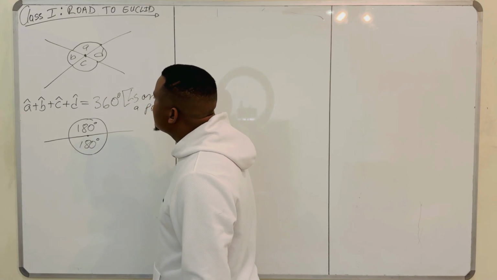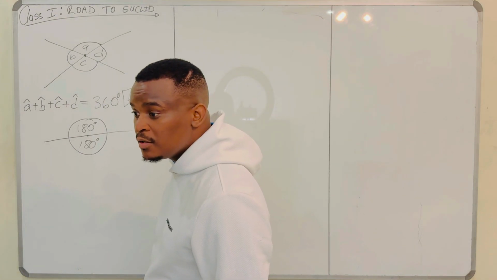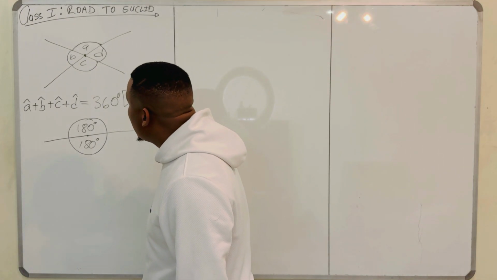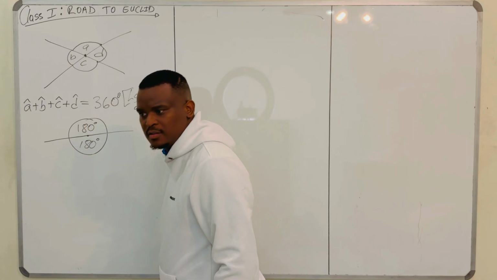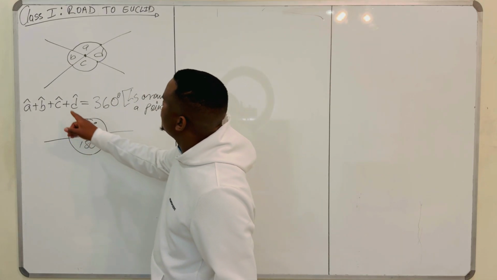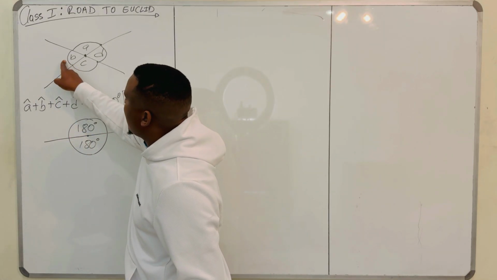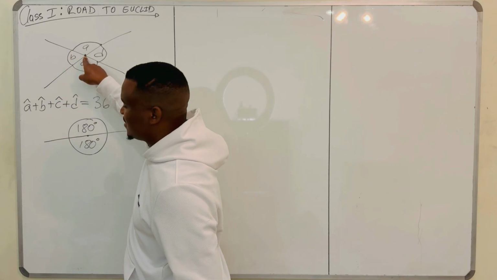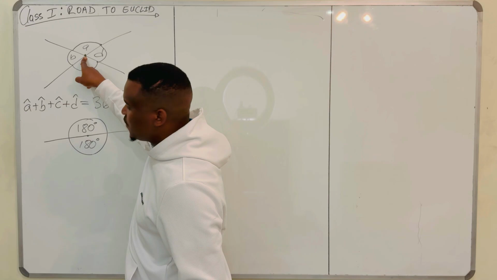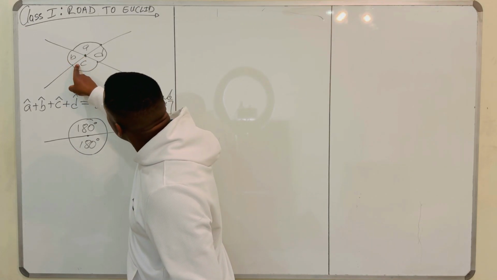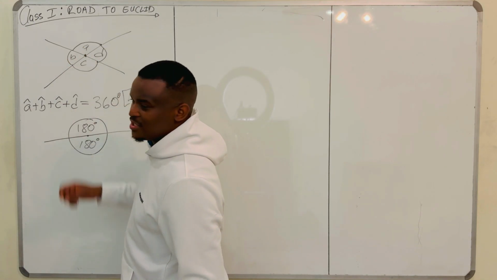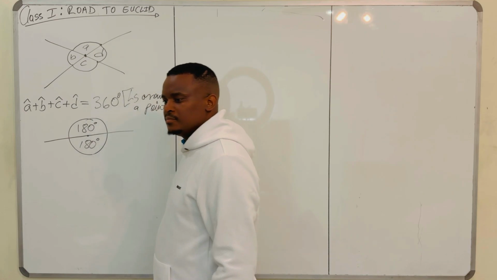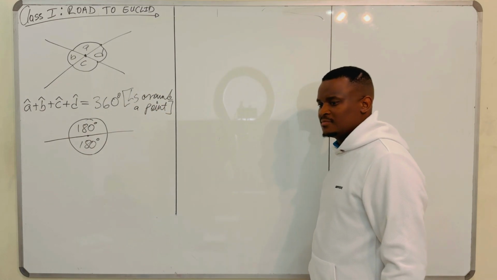Yes. Is C adjacent to A? No. Is D adjacent to B? No. Which is good, because the ones that are adjacent are next to each other and share a side and a vertex. This one is adjacent to this one, and this one to this one. Are you guys happy?